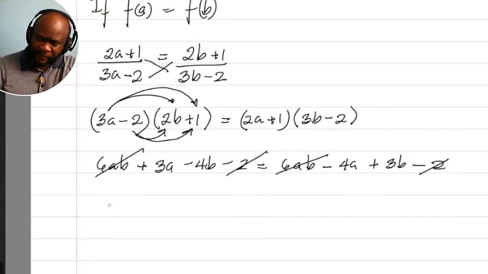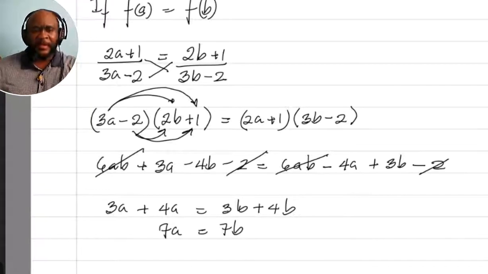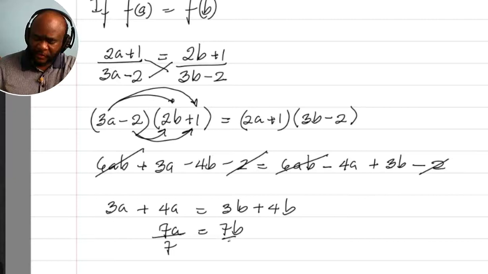So now we have 3A plus 4A is equal to 3B plus 4B. So 7A is equal to 7B. If we divide both sides by 7, we're going to get that A is equal to B.